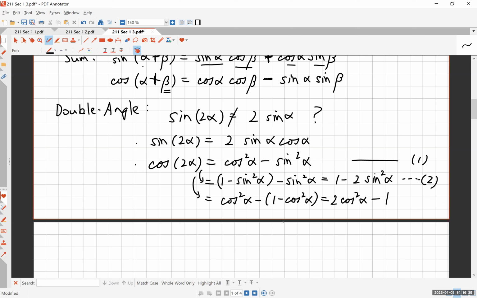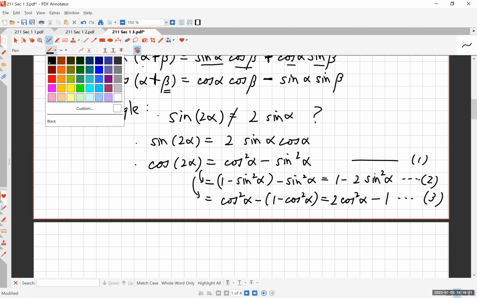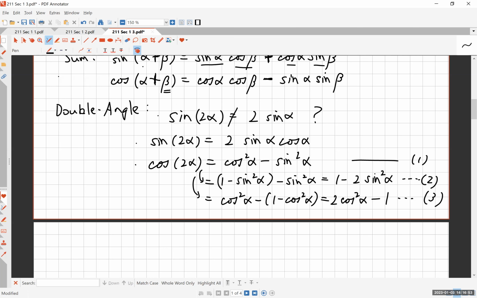So now we have yet another form of the double angle formula for cosine. Remember, cosine of 2 alpha turns out to have 3 formulas. We will probably use all of these, and they come in quite handy as you study certain aspects of calculus.